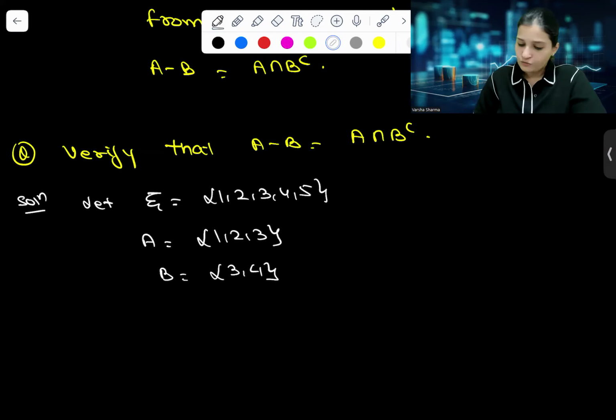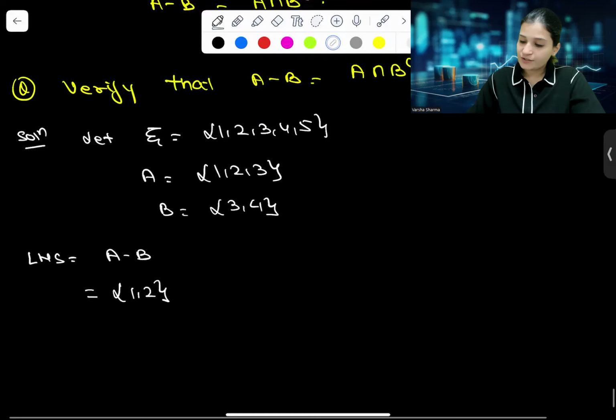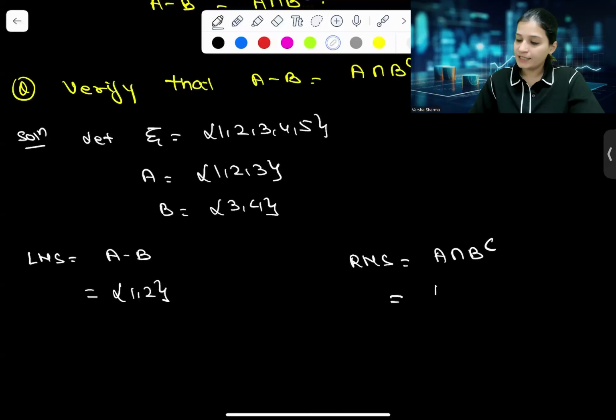Done? So for LHS, it is A minus B. What is the value of A minus B? From A, I removed the common elements with B. I got 1 and 2. Right? For RHS, A intersection B complement. A is 1, 2, 3.